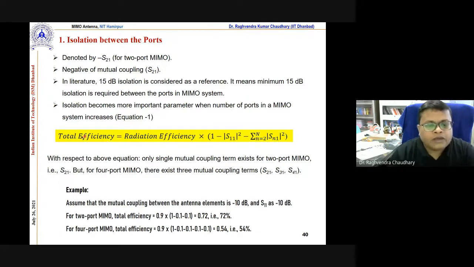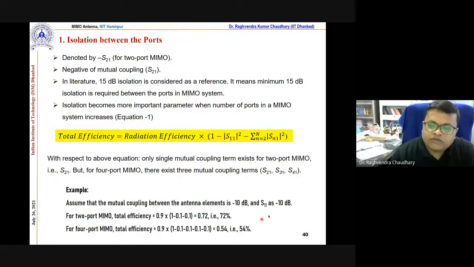Like in this example, if you take the mutual coupling between the antennas as minus 10 dB and S11 as minus 10 dB, then for 2-port MIMO the total efficiency will be 72%, whereas if you use 4-port, it will be 54%.